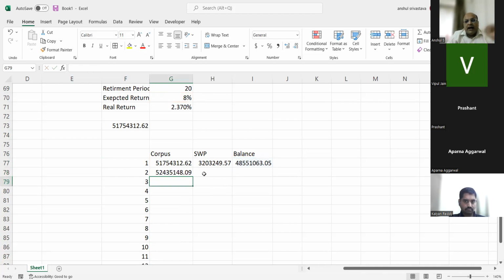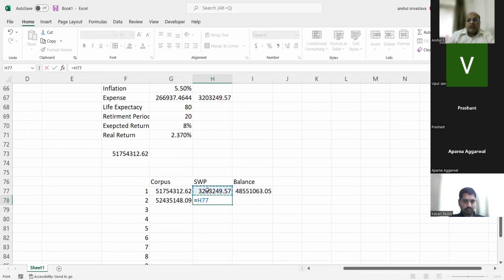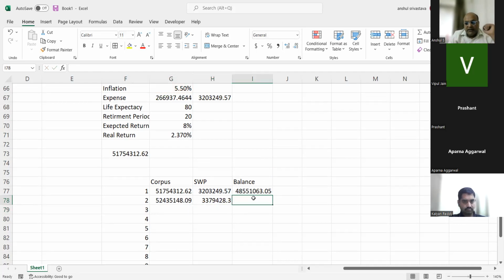Okay. Now your this SWP should increase by what amount? This into 1 plus inflation. Okay. And balance would be equal to this amount minus this. You'll have to fix those cells of inflation and expected return rate.